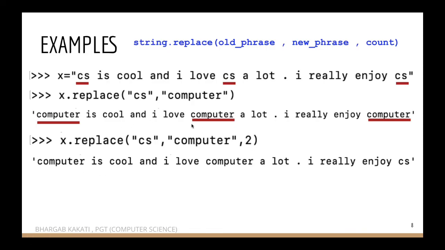Out of the 3 times that CS has occurred, 2 times it will be replaced. So the result is computer is cool and I love computer a lot, full stop, I really enjoy CS. The last CS is not being replaced. Why? Because I gave the value of count as 2. Therefore, the first 2 occurrences will be replaced and not the remaining ones.